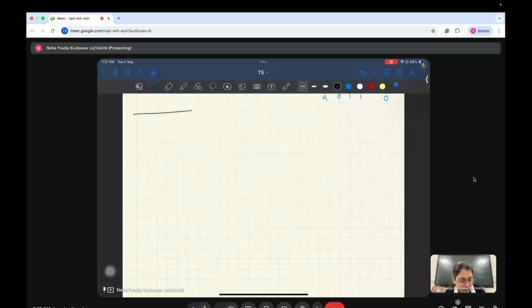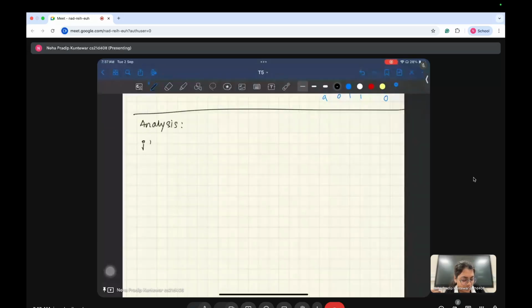Let's say phi is not satisfiable, that is, we are talking about the no instance.